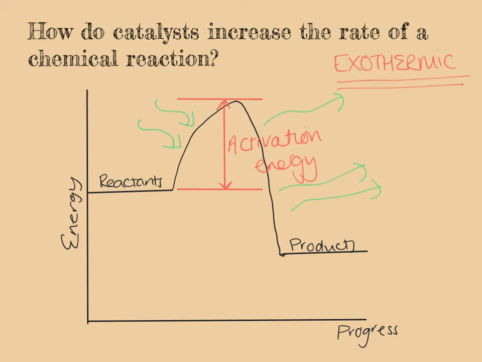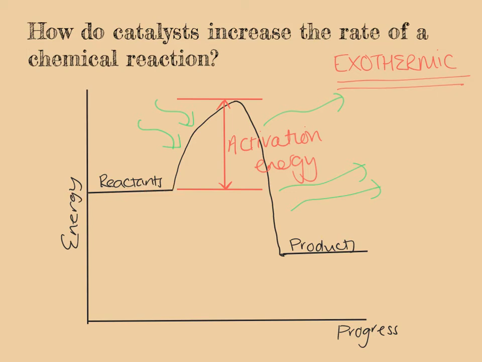So just take a moment to have a look at that energy profile diagram, that reaction profile diagram, to understand what everything is showing you. So as we go from left to right along the x-axis, this is the progress of the reaction from start to finish. So we start with reactants, we end with products. The y-axis tells us how much energy is stored in the chemicals at any time throughout the reaction. So the reactants have stored within them a certain amount of energy.